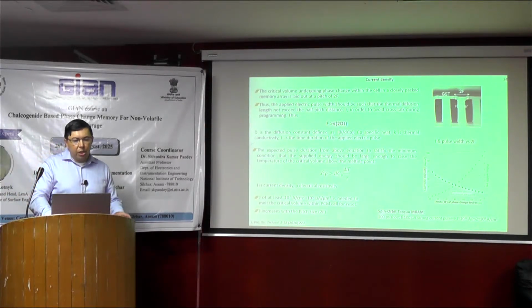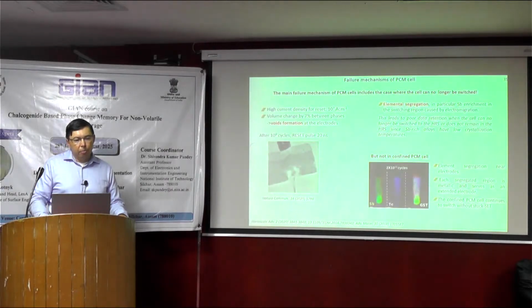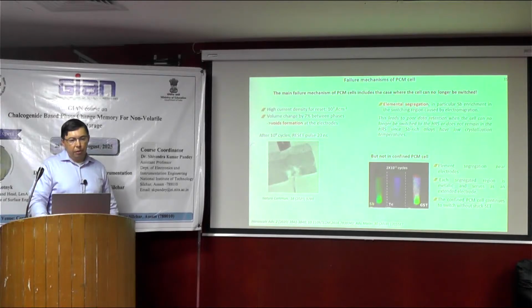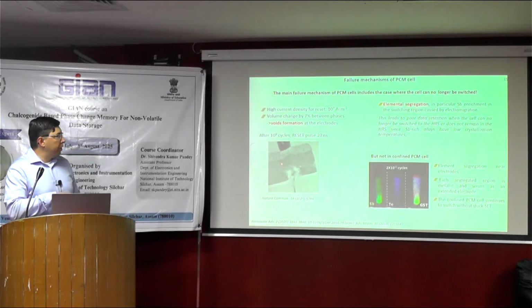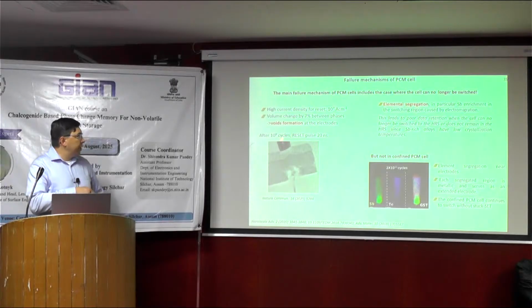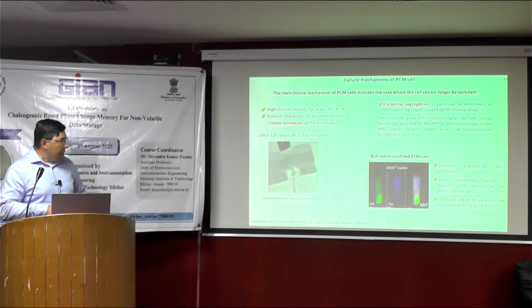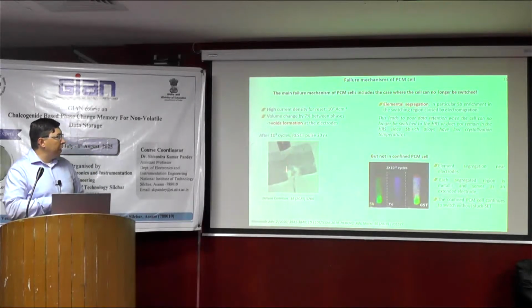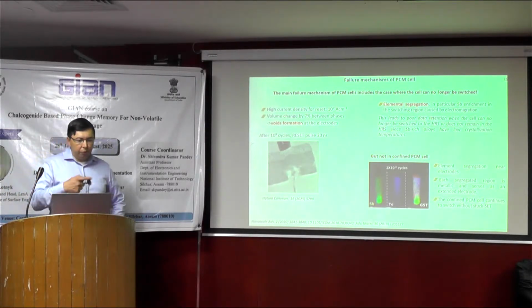So if we have such a high current density needed to switch the volume, it can bring the cell to some issues. If you switch the cell many times, like 10 to the 9 cycles, what can happen here at the site of the heater, at the contact area between GST and heater, is that some holes can be produced, and so you lose the contact and you cannot switch the cell back and forth.